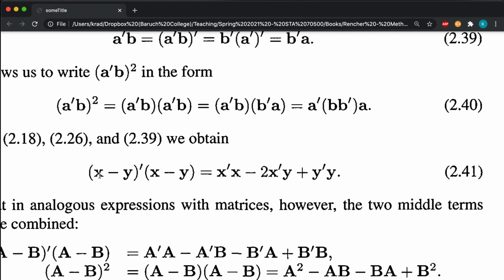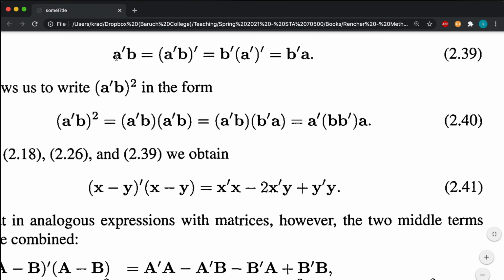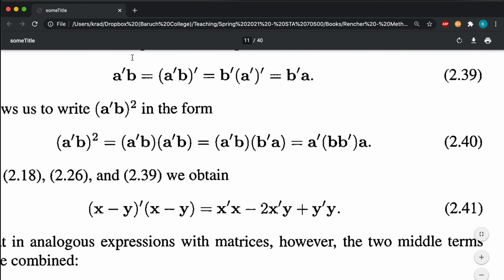And this gives us X transpose X minus X transpose Y minus Y transpose X. Recall, Y transpose X is the same as X transpose Y. That gives us two X transpose Y's.